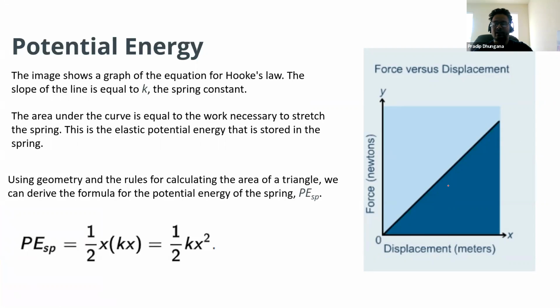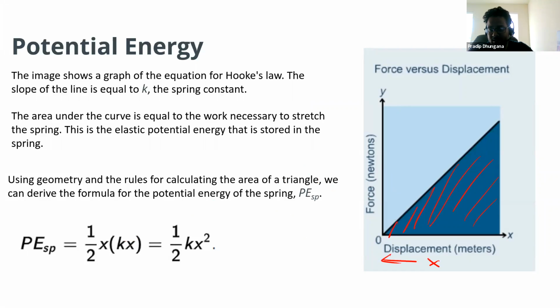The area under the force versus displacement curve gives the potential energy. This is the area of a triangle, 1/2 times base times height.